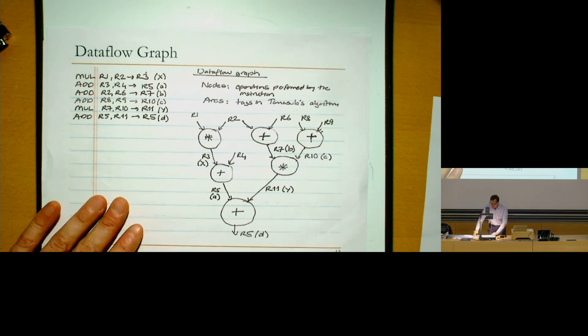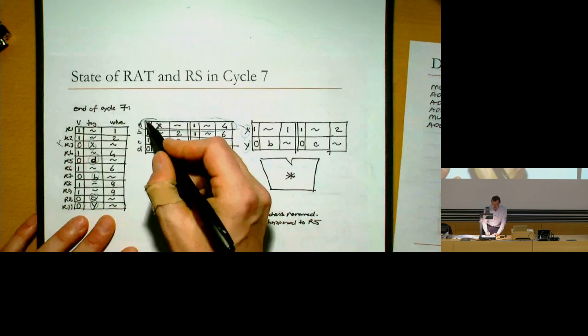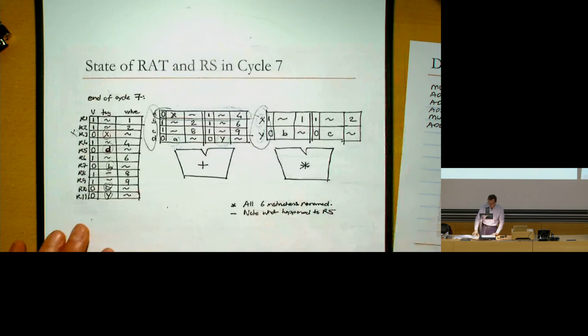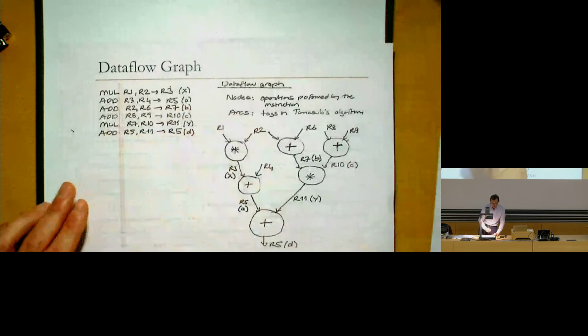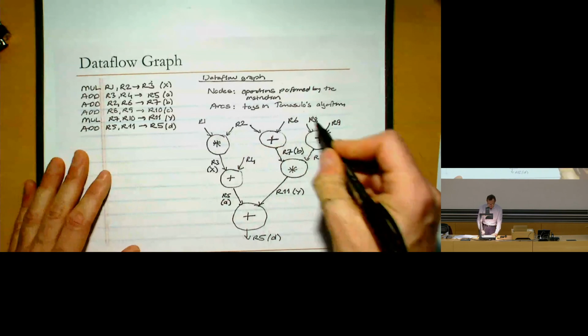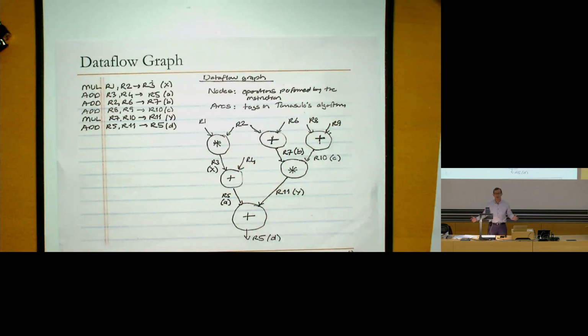What it really cares about is the name that we've assigned over here. Does that make sense? So we've successfully translated the sequential program into a data flow graph internally, and just by looking at the state of the machine, we cannot fully reconstruct the sequential program because it's not sequential anymore internally. The way it's going to become sequential is we are going to reorder these instructions later on.